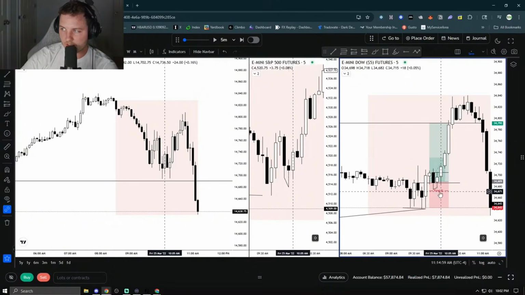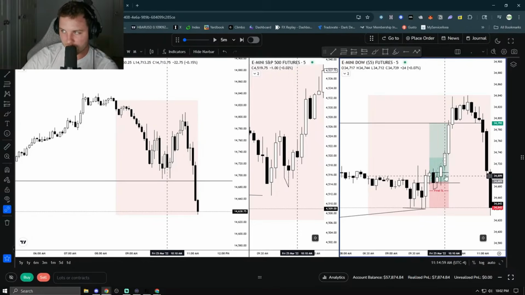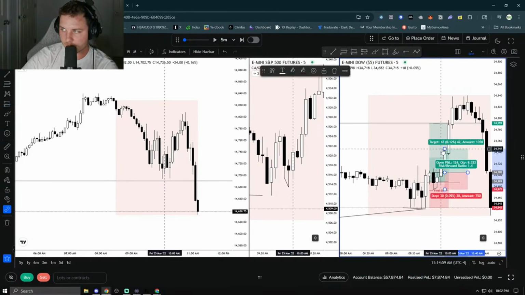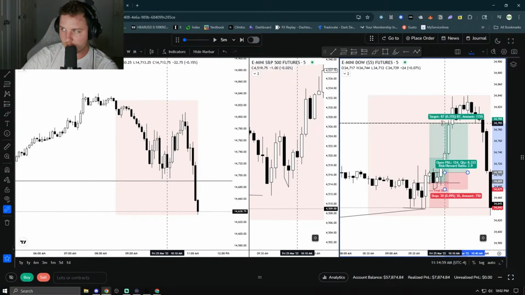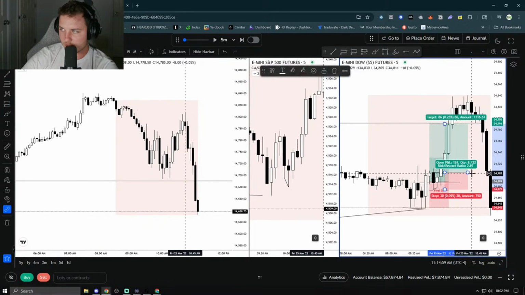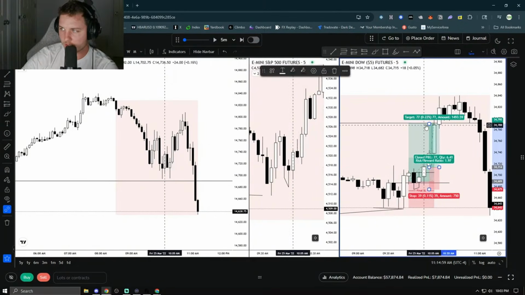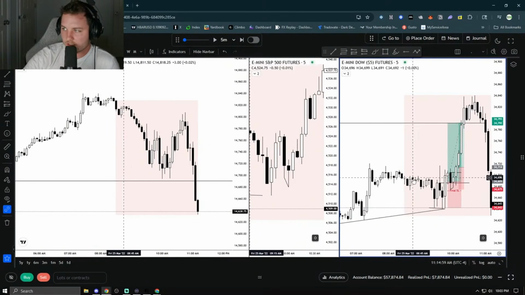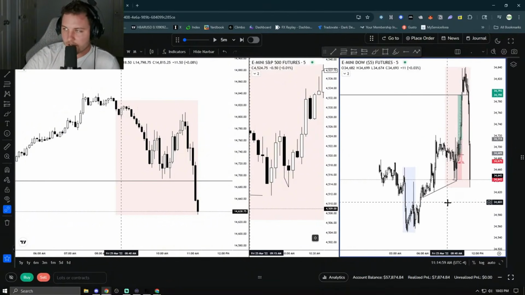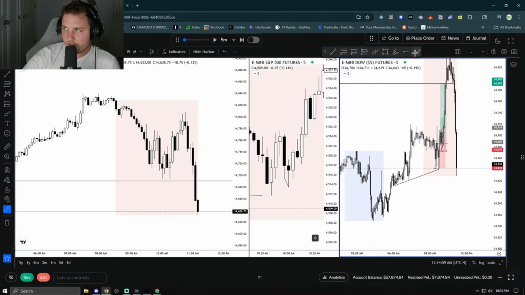So we can mitigate risk there. Full size here, aka the other 0.5%, because this was a full 1% trade. Stops here. Right here, barely 2R. This is literally textbook. Again, everything I draw out.